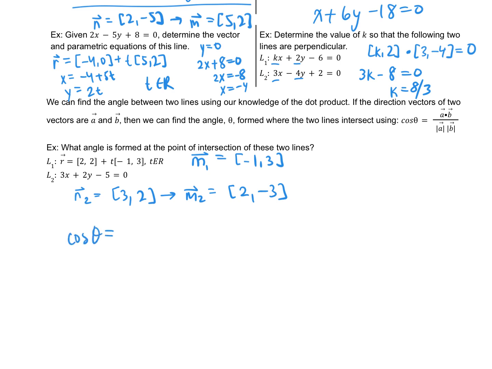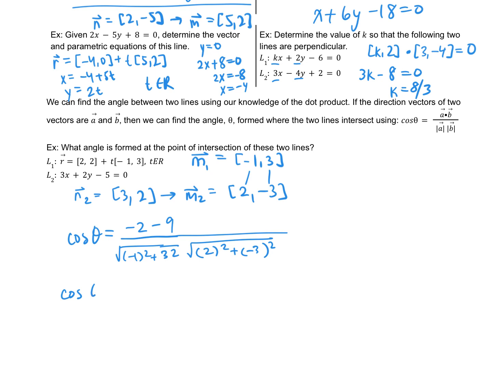So, the dot product is going to be 2 times -1 plus 3 times negative 3 over the two magnitudes. So we have negative 1 squared plus 3 squared for the magnitude of the first direction vector, and then 2 squared plus negative 3 squared.